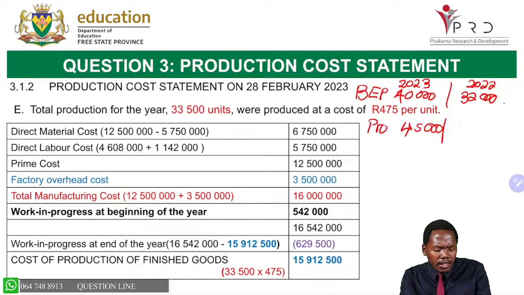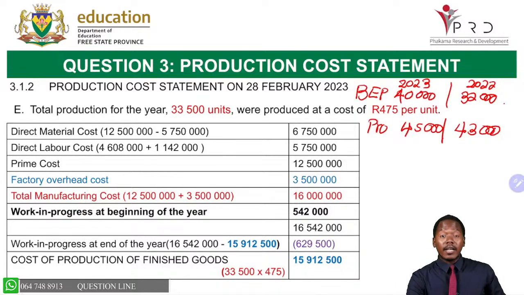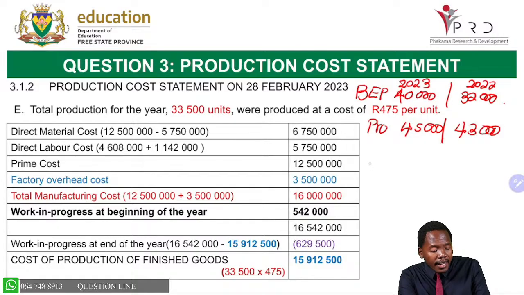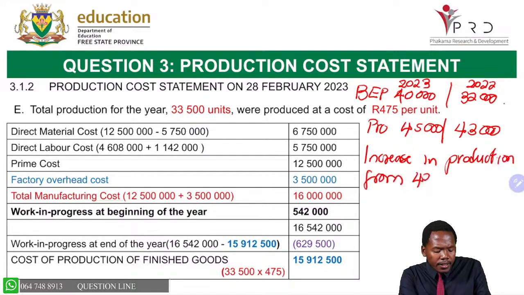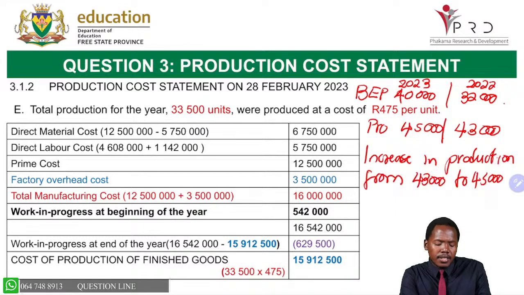Your production can be 43,000. So what would be your comment? You will say that there was an increase in units produced. Okay? Increase in production from 43,000 units to 45,000 units.